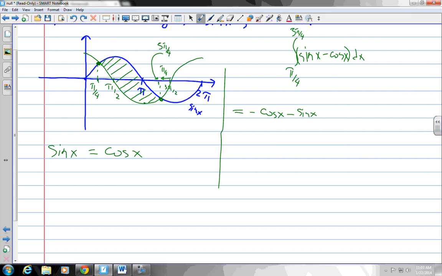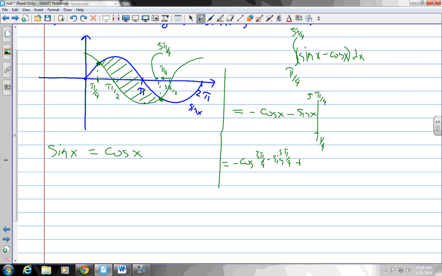Is that right? Right, so it's negative cosine x minus sine x. Is that right? Right. So plug in some numbers. Negative cosine of 5 pi over 4 minus sine of 5 pi over 4, then subtract.